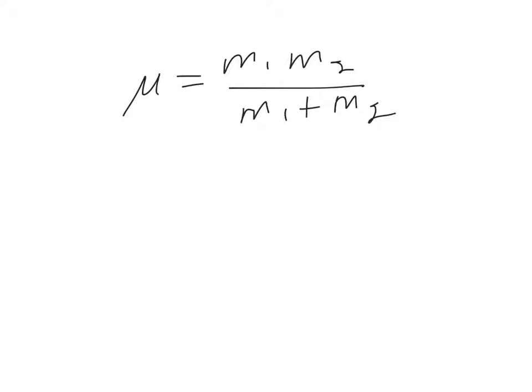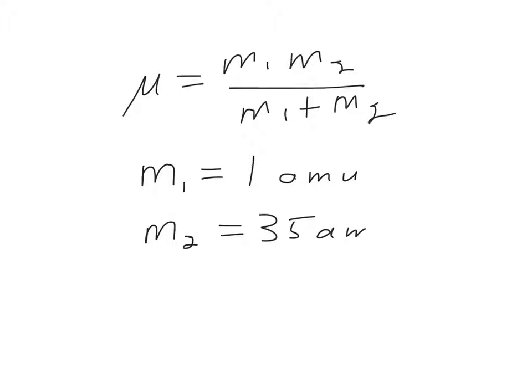So for our purposes, we won't use real exact masses, but we'll say M1 will be that of hydrogen, and that will be 1 atomic mass unit. And then M2, well, we have 2 common isotopes of chlorine, and we will use the lighter one, 35 atomic mass units.